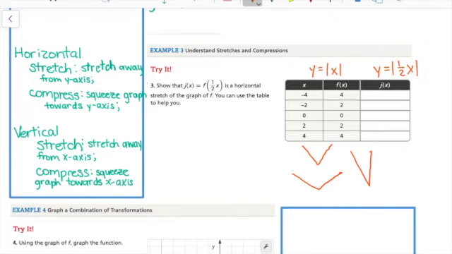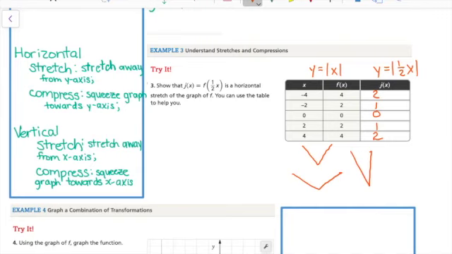So if I plug this in to Desmos or whatever, I will see that my new y values are 2, 1, 0, 1, and 2. Notice that means my y values went down by half.